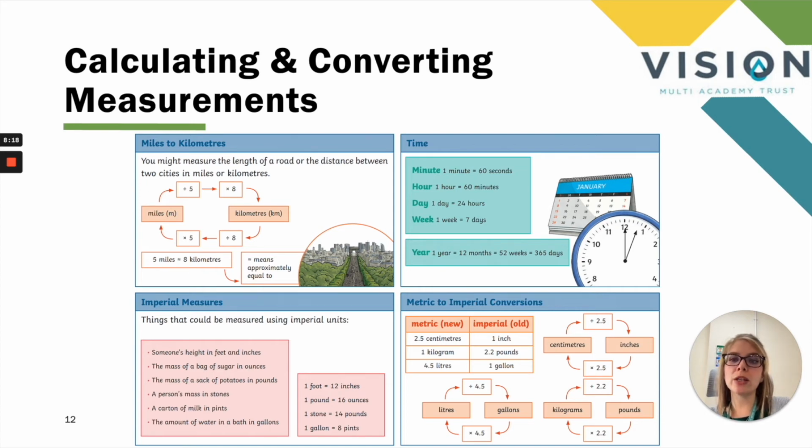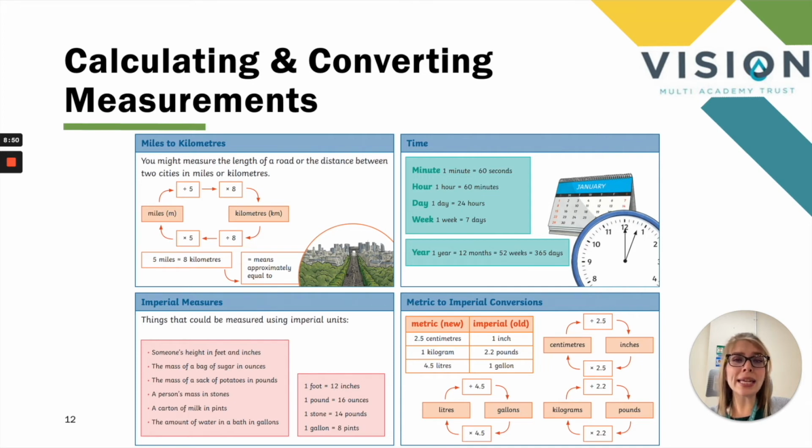So when we're converting between miles and kilometres, if we want to convert miles to kilometres, we divide by 5, multiply by 8, and kilometres to miles, we do the reverse, the inverse, we divide by 8, multiply by 5. And again, looking at time, so we know the different values, whether a week is 7 days, an hour is 60 minutes, for example, and it's making sure that we're really solid on that key knowledge, so when we're looking at converting problems using that language.